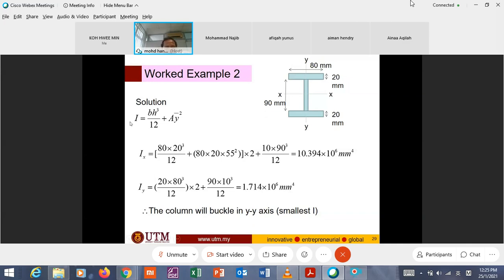You remember this one is for a solid section or single section, and this one is for a combined section or hybrid section. Hybrid means 1, 2, 3 combined together. Then you have to add another term, A y bar squared.